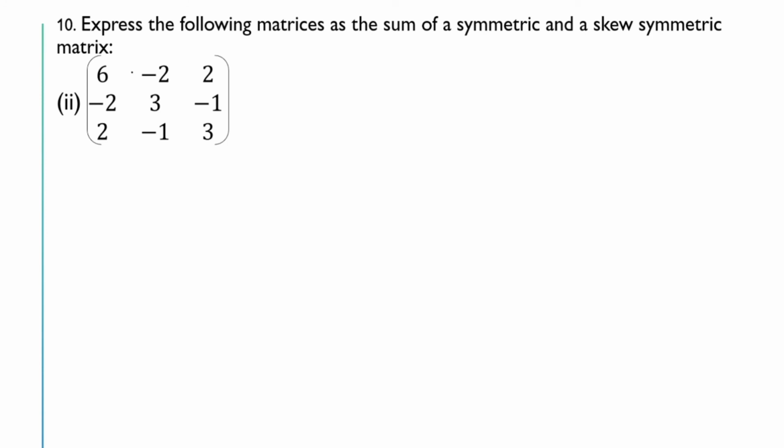The next question, you have to express this as the sum of a symmetric and a skew symmetric matrix. So let the given matrix be A. Let A equal the given matrix 6 minus 2, 2, minus 2, 3, minus 1, 2, minus 1, 3.